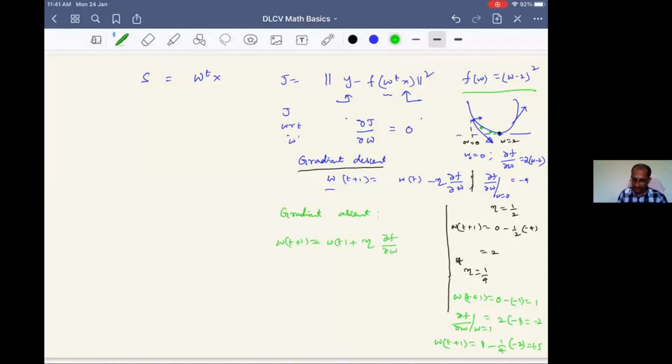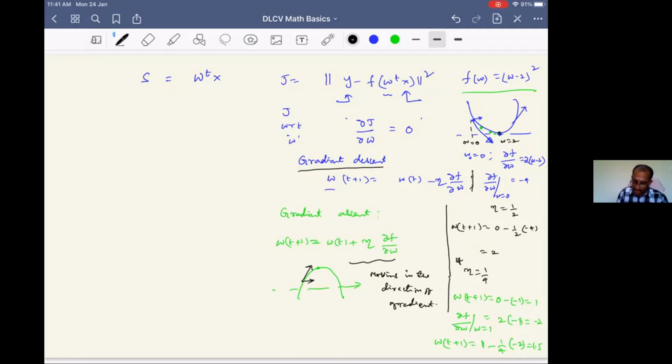What does it indicate? In gradient ascent, if we have a problem like this, we are moving towards the maximum value here. So what essentially are we doing? We are moving in the direction of the gradient now. Previously, we were moving opposite to the direction of the gradient. Now we are moving in the direction of the gradient.